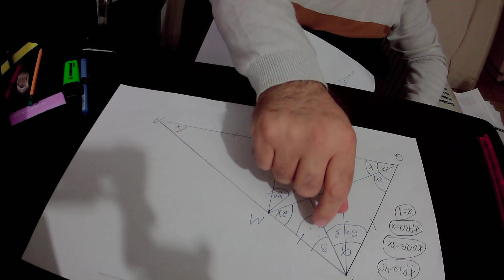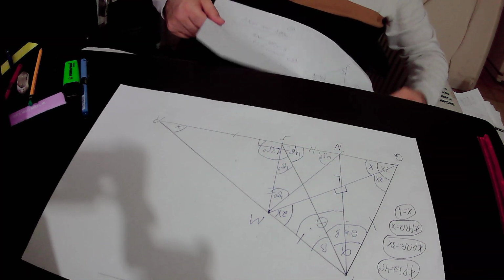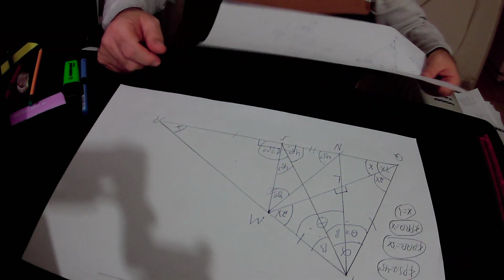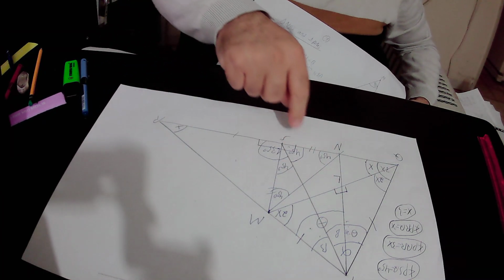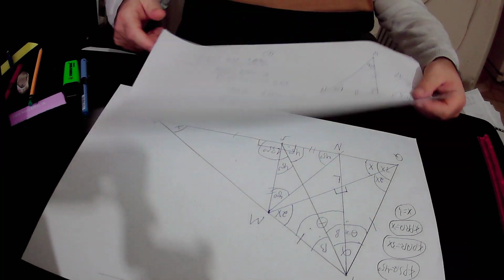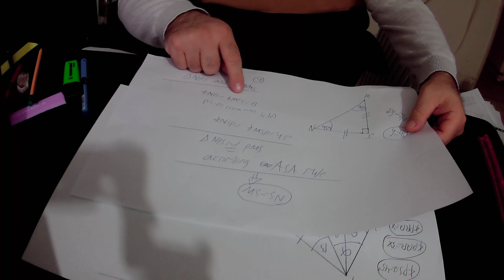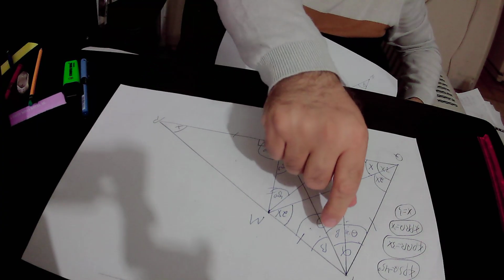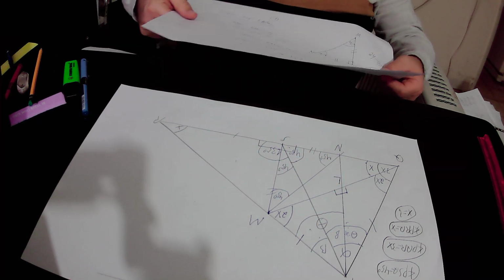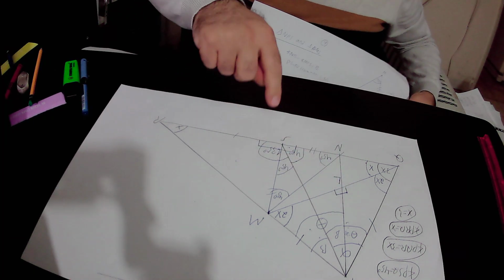And those two angles are also both equal to beta. So we proved that triangle NPS is congruent to triangle MPS. Why are they congruent to each other? First of all, we have angle NPS equals angle MPS equals beta. Those two angles are both equal to beta, and we have PS equals PS.